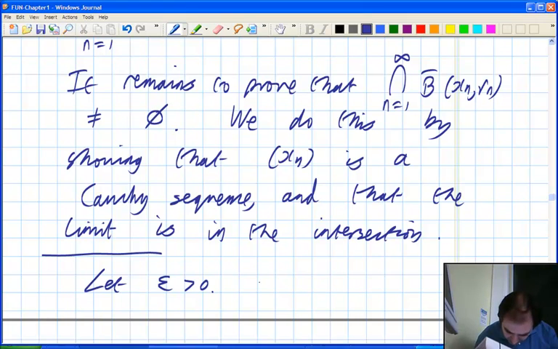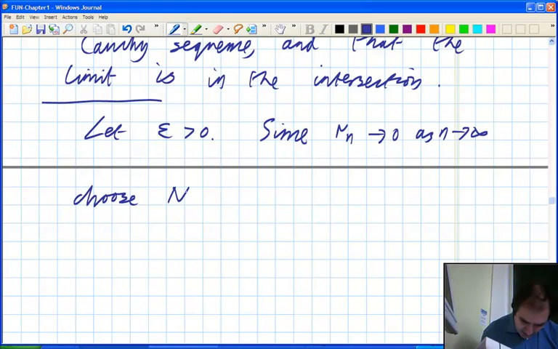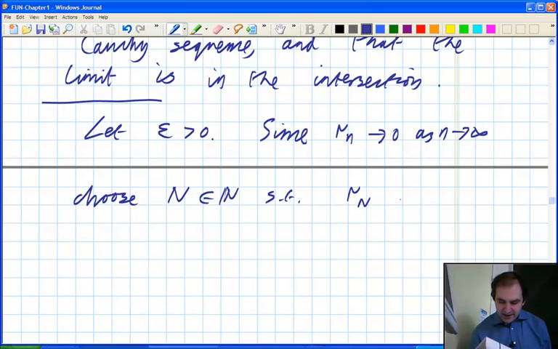So since Rn tends to 0 as n tends to infinity, we can just choose a capital N in the natural numbers so that R sub capital N is less than epsilon over 2.